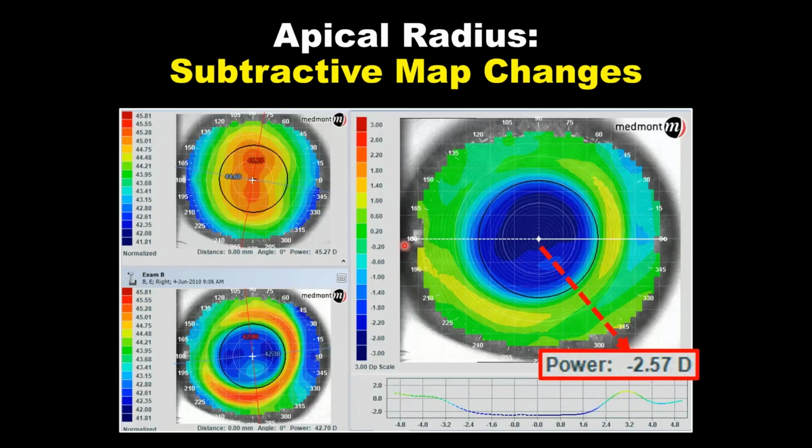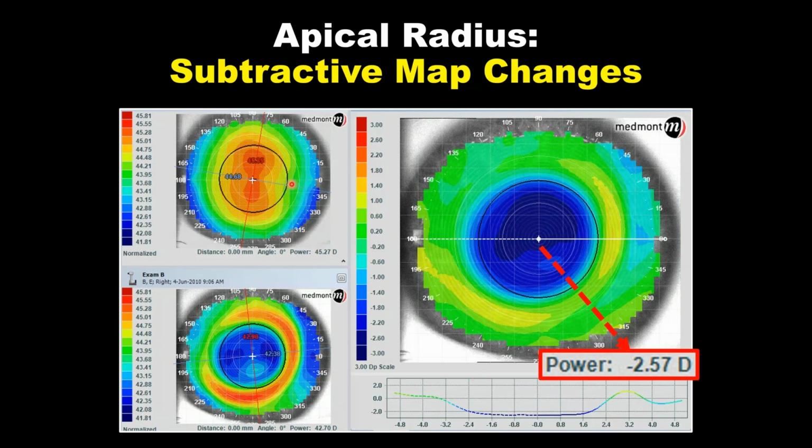So in this case, we might look at the most commonly used place that we would reference apical radius, and that's on a subtractive map. And as you know, a subtractive map is used in orthokeratology. It's used in monitoring refractive surgery patients. It's used in patients that we're concerned about for disease progression.